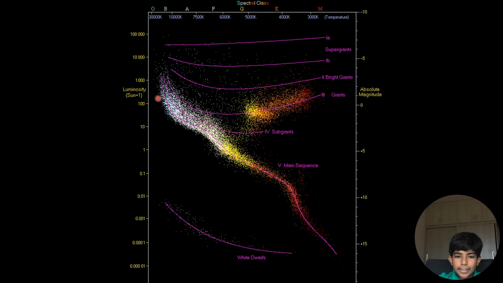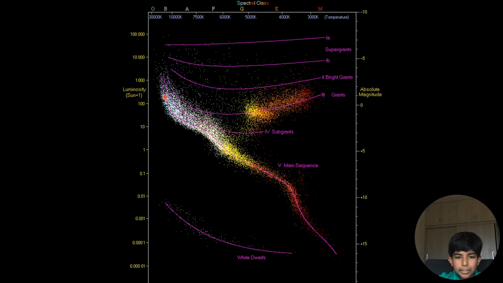But these stars are already at 1,000 solar luminosities, and then they become 100,000 solar luminosities. So here it is an increase from around 10 to 100, and here it is an increase from around 100 to 1,000.